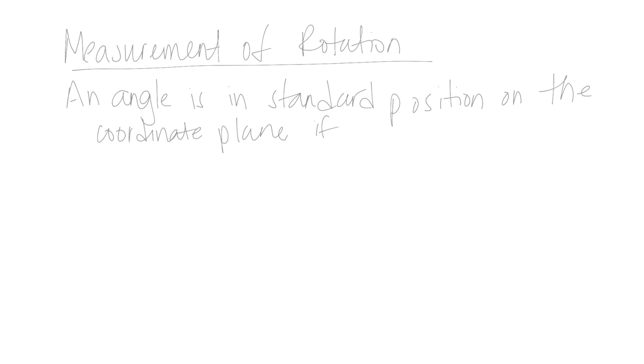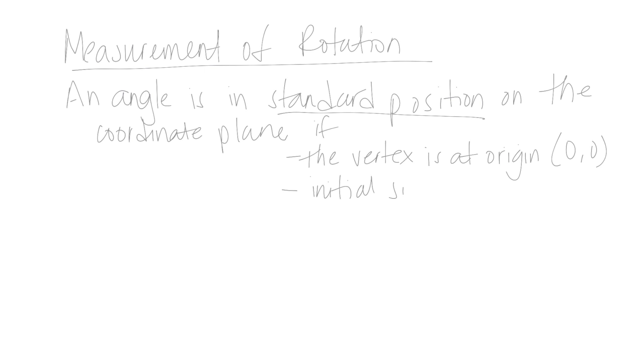So it's in standard position if, I'm just going to make a bulleted list now, the vertex is at the origin. And remember that the origin is the point 0, 0. If the initial side, and I'll go over what initial side is in a minute, is along the positive x-axis.